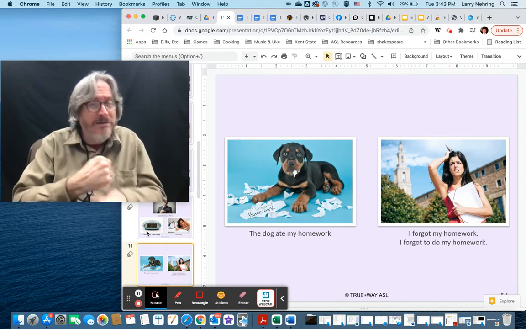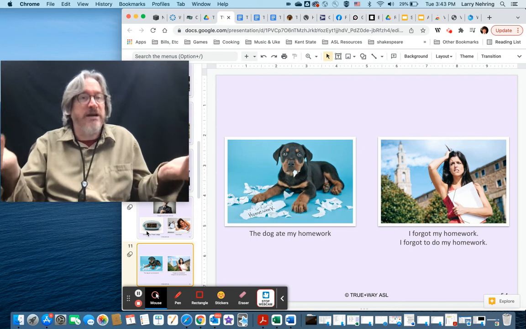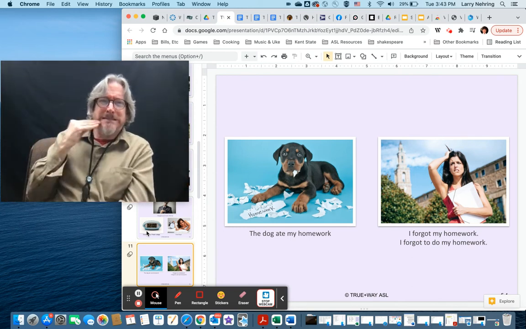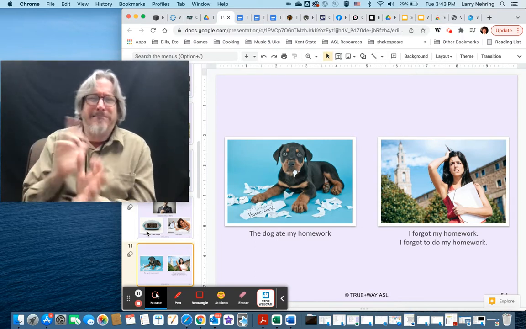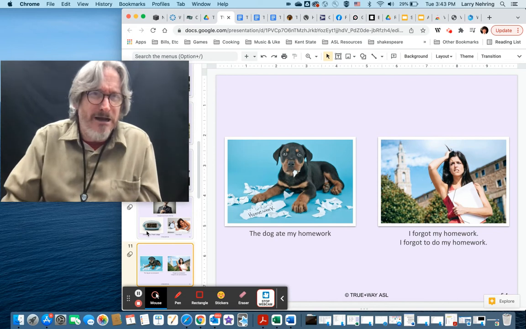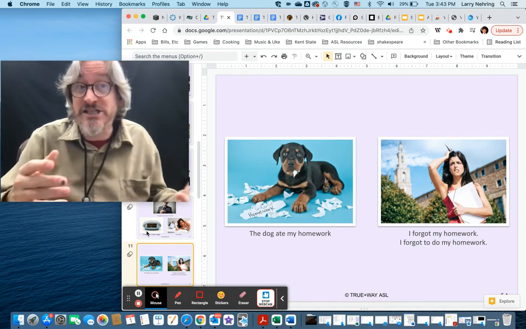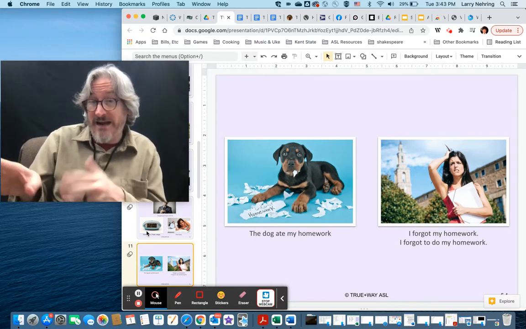Or homework I forgot, meaning I forgot to do it. Or I left it at home, right? Which with an online homework is not really possible unless it's saved on your laptop and you left that at home, or your phone.